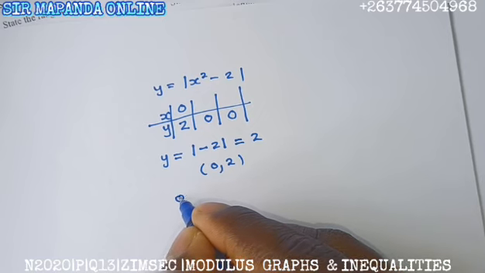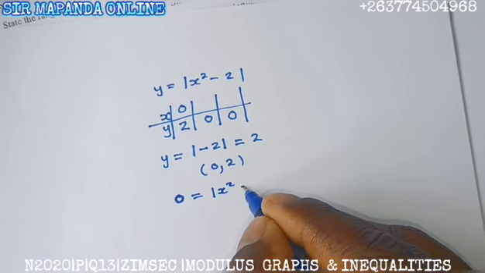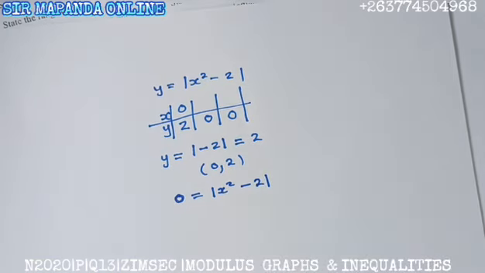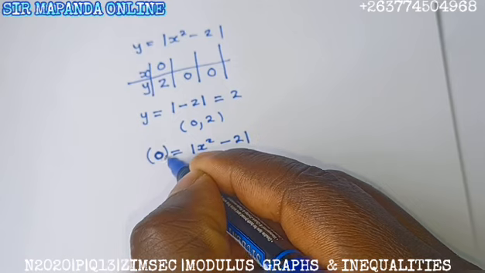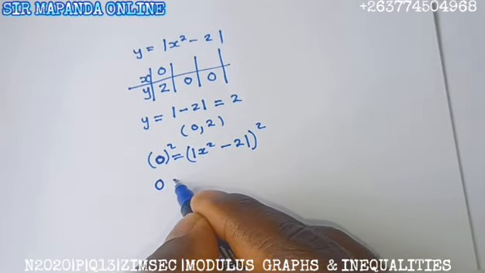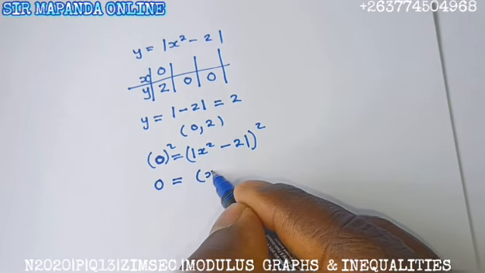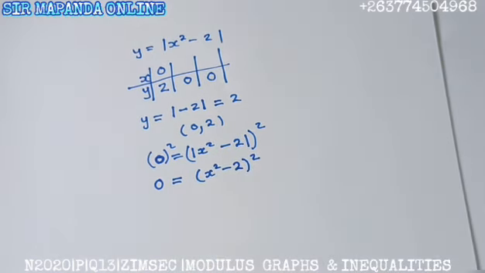So you say 0 equals modulus of x squared minus 2. Raise both sides to the power 2. 0 squared is 0, and here you get x squared minus 2, all squared.